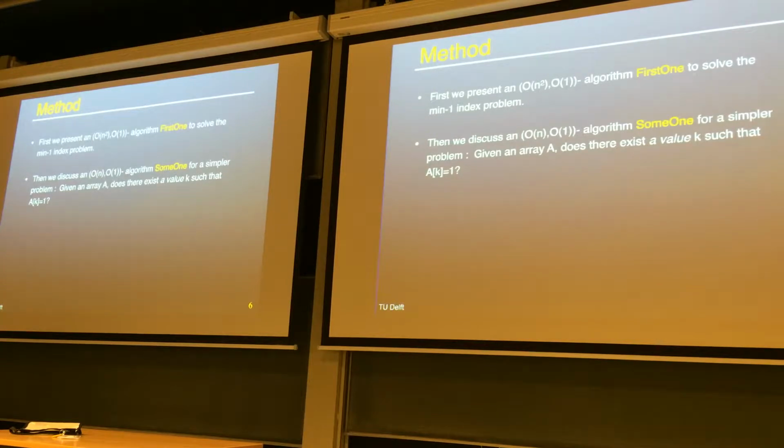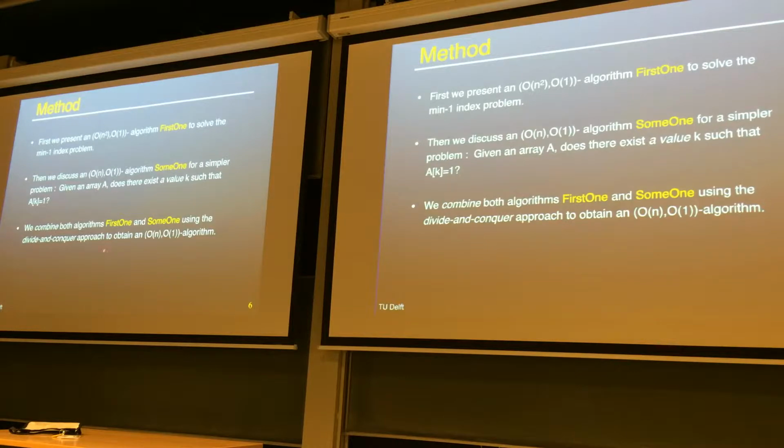In order to do so, we solve just a different problem, a relaxed problem. What we do is we try to solve the problem: is there a 1 in the array that we are searching for? That's a very easy one. The algorithm, call it someone, answering that question only takes O(n) amount of work and O(1) amount of time.